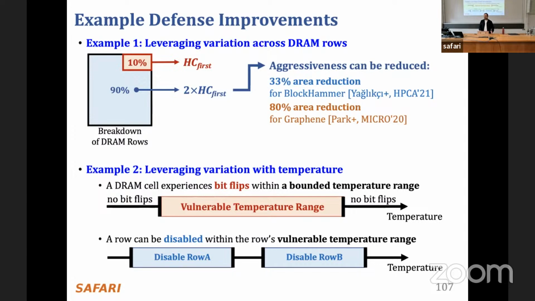Based on your trap characteristics, at high temperatures, the electron does not get into the trap. It just moves across. And it causes this kind of weird behavior. When we look at this vulnerable temperature range across DRAM cells, it also varies a lot. There are cells that are only vulnerable at around 50 degrees Celsius, for example, and then there are cells that are only vulnerable at around 70 degrees Celsius.